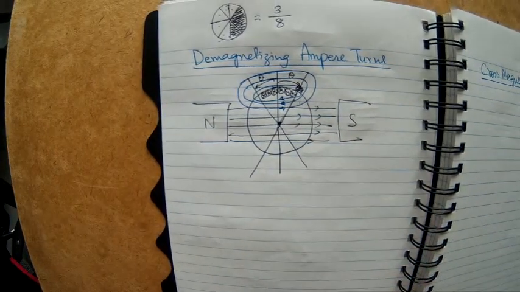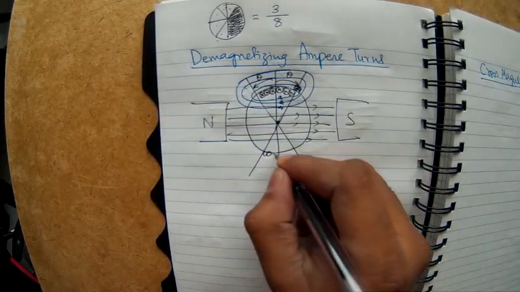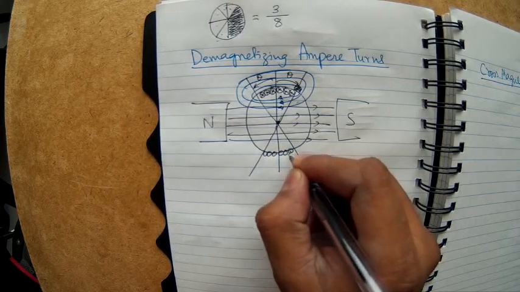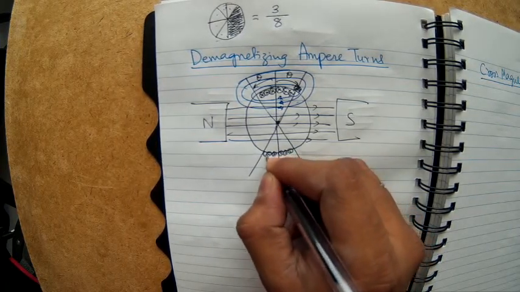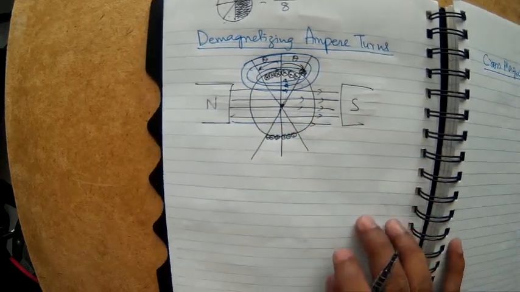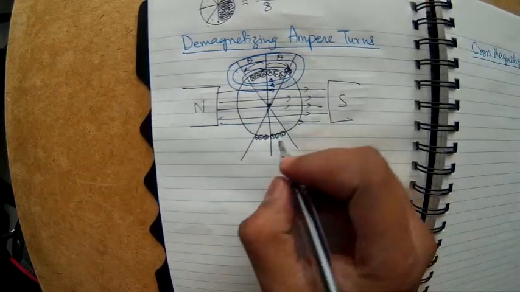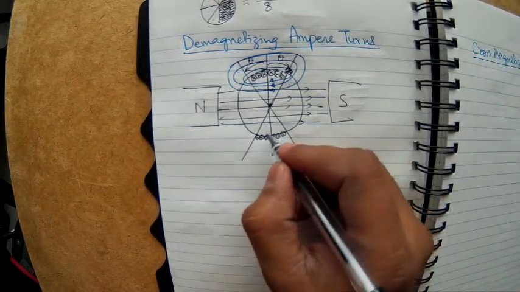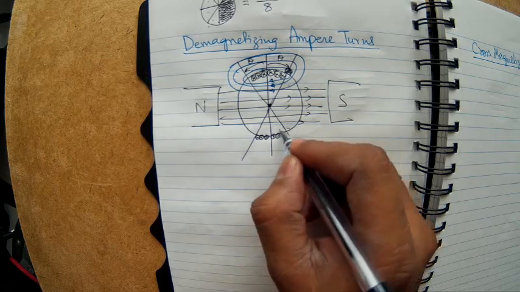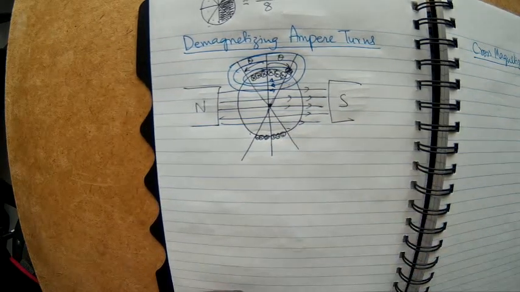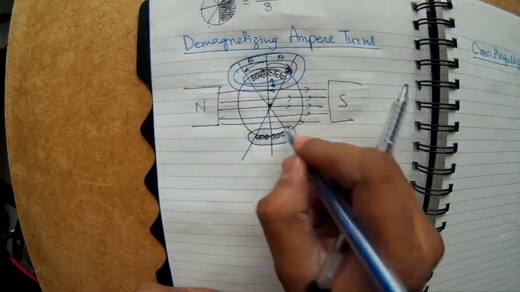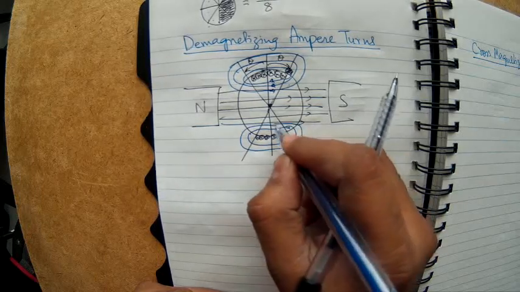Similarly, at the bottom also there are some conductors which carry the current in this direction, which is coming out of the book. So what is the magnetic field because of that? Again I can draw the magnetic field because of that. I'll use another pen. It will be in this direction.